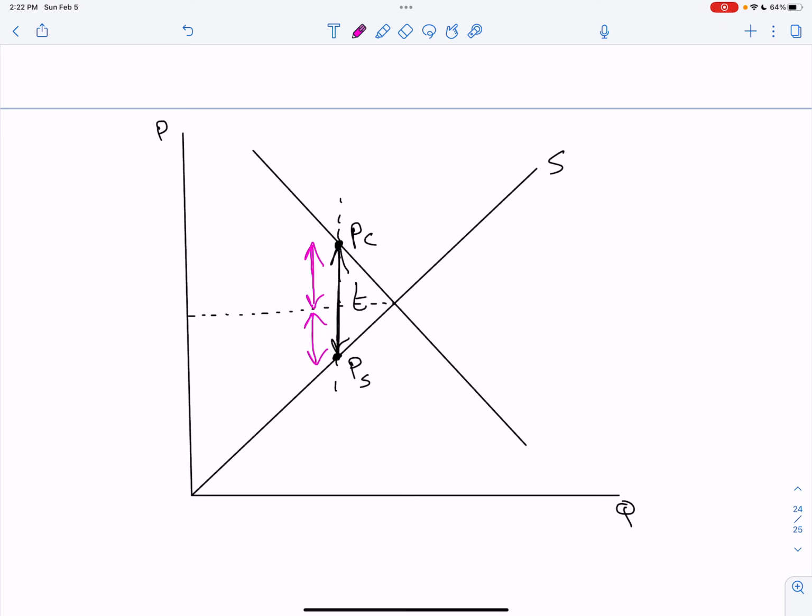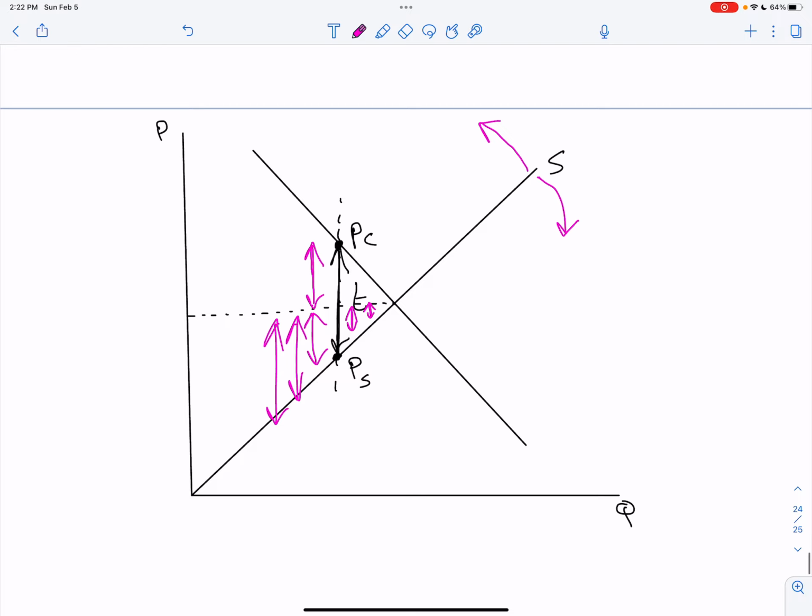And you could imagine the supply curve getting less and less steep. If the supply curve started moving that way, this gap here would grow. Similarly, if the supply curve got less steep and went that way, the gap here would shrink.